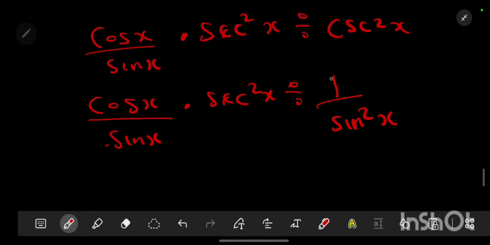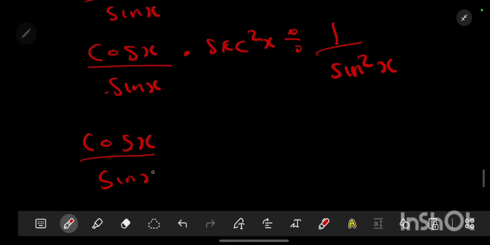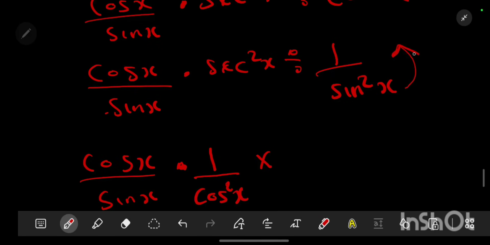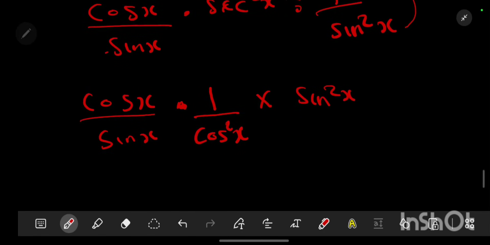This is the same as cos of x over the sine of x multiplied by sec of x, which is the same as 1 over the cos of x. Then multiplied by, immediately we introduce multiplication, this goes up, so we are going to have sine squared x, like that.